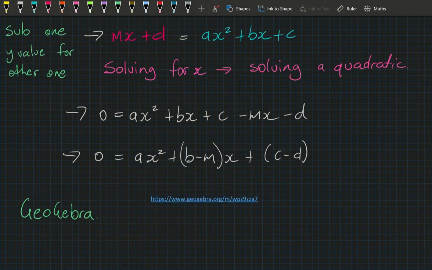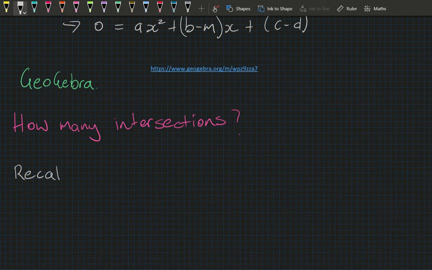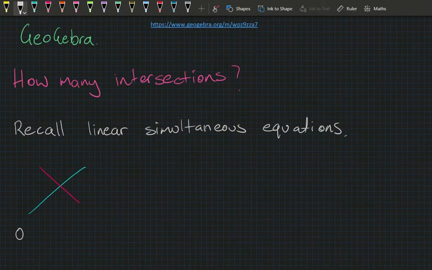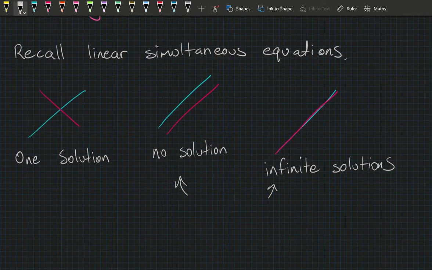So as I was alluding to in that app, it's not always clear exactly how many intersections there will be. So once again, let's start with a recall to the linear unit. When we're doing the simultaneous equations, we could have one solution, no solution, or infinite solutions. And if we consider infinite solutions as no solutions, we can recall that the hint that there would be no solutions is that the gradient was the same.